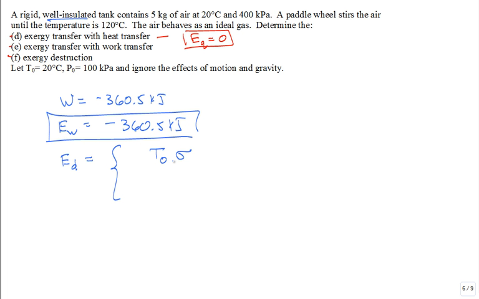What's another way to calculate the exergy destruction? I heard the right word. Who said it? Balance, balance, balance, balance. So you have an equation, it's one of the terms. If I could get all the other terms calculated, then hey, I got it. So what was our exergy balance equation?